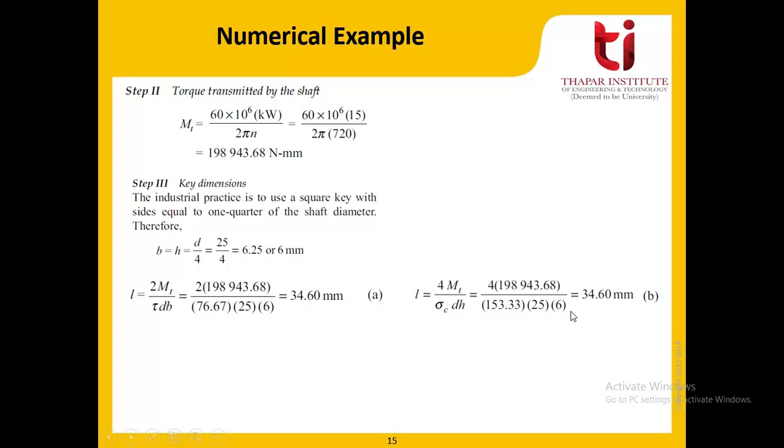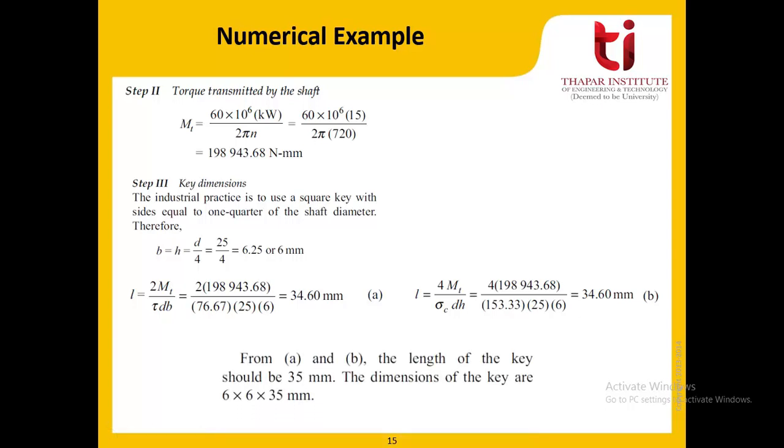So we go with the design that final dimensions are 6 cross 6 cross 35 mm, right? In the case when this length is not coming the same, obviously you will choose the larger one, in order to remain safe from both approaches, that is the approach from the compressive stress as well as the approach from the shear stress.